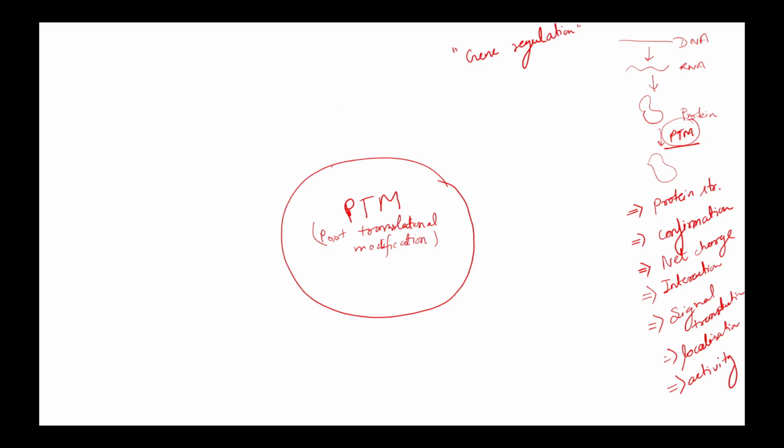and the very common one is phosphorylation. So phosphorylation of any protein takes place on one particular amino acid residue in the protein.